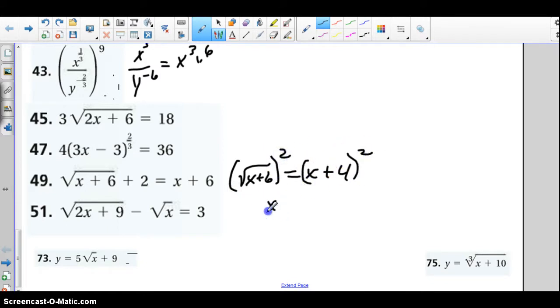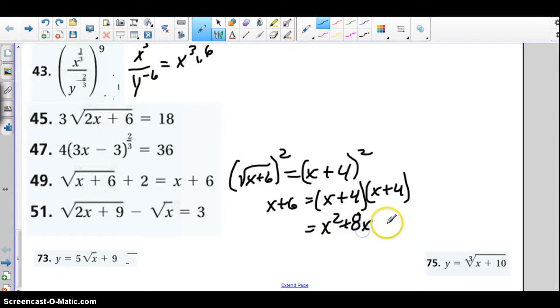So this is going to be x plus 6 equals x plus 4 times x plus 4. Let's go ahead and use the FOIL method. X squared plus 8x plus 16. That's going to equal x plus 6.